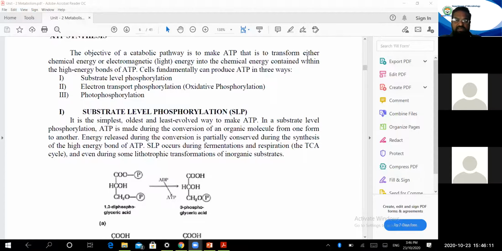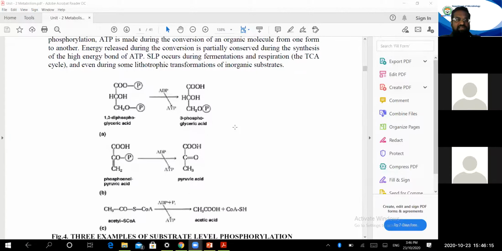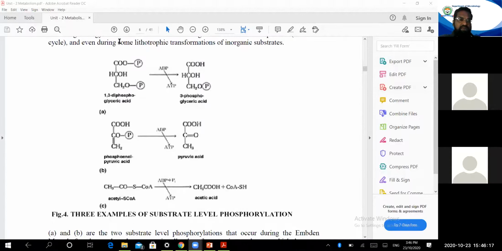Now, what is substrate level phosphorylation? SLP in short. We have an example here. We have 2-3 reactions here. This is one molecule, 1,3-diphosphoglyceric acid, being converted to 3-phosphoglyceric acid.